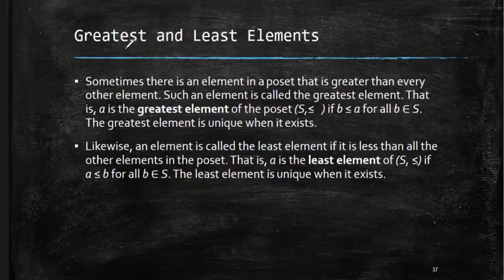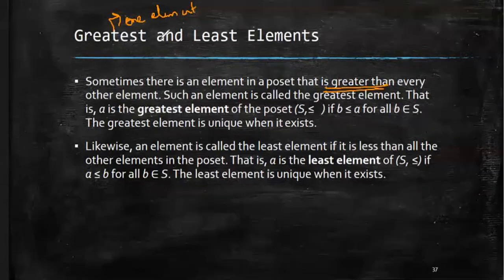That is, you can have more than one maximal and minimal. But in the case of greatest and least element, there will be only one element which is greater than every other element in the poset, and such an element is called our greatest element, while there may be another element which is lower than every other element in the poset. That is called the least element.